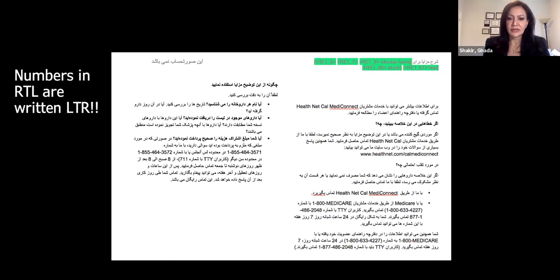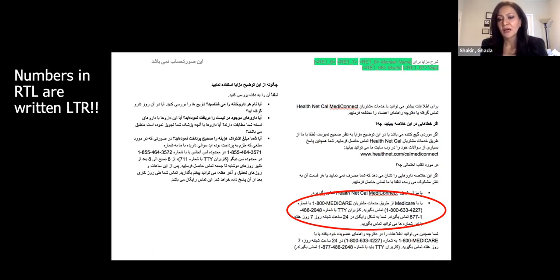If you look at this example, you see that this is Persian text, Farsi. We see that the 800 number is left to right and it's embedded in here. If we look at this number over here and how it's continued on the next line, it's chopped off and it doesn't make sense to the reader. So do I start here or do I start here?